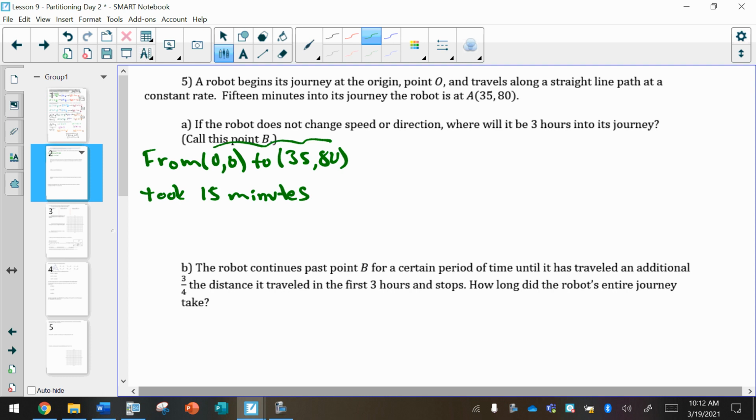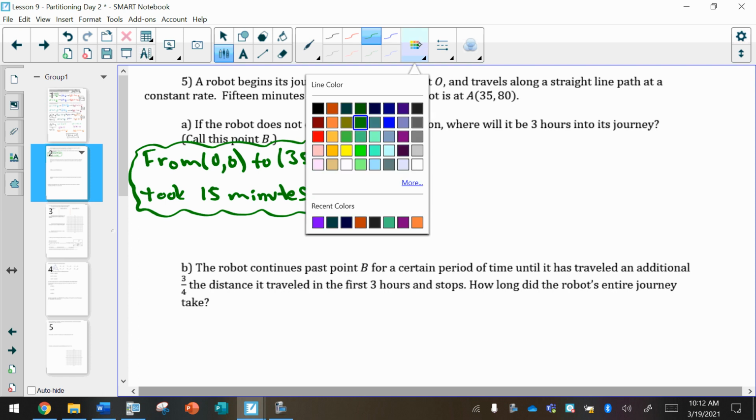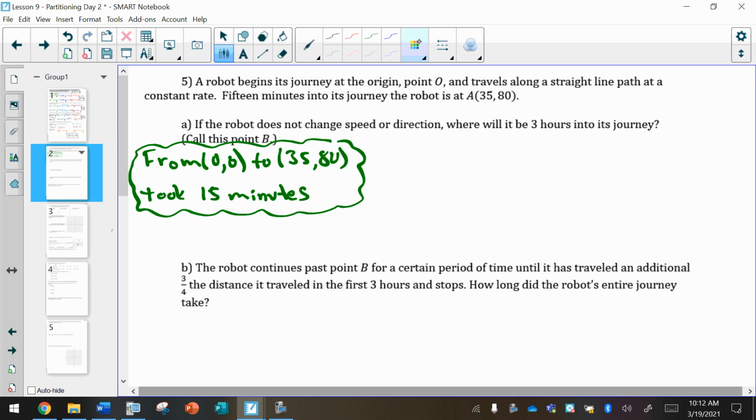All right, so we want to figure out where it is located after 3 hours. So let's figure this out. 3 hours, if I do 3 times 60, that is 180 minutes. I know how far it goes every 15 minutes.